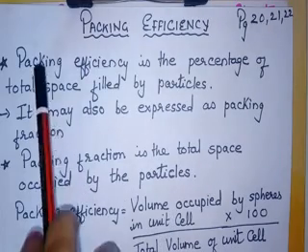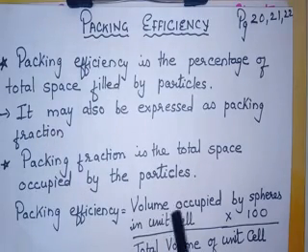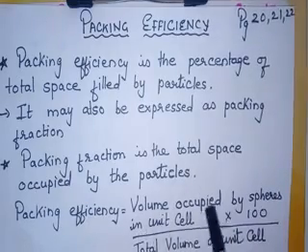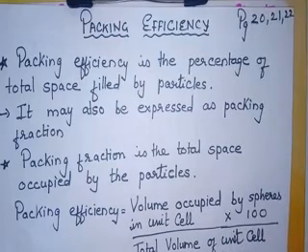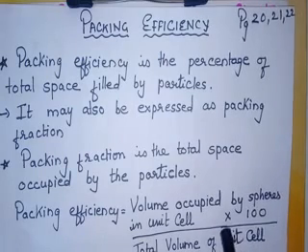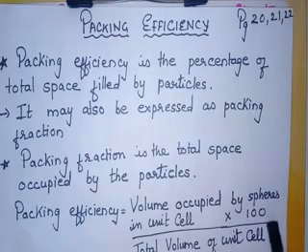So packing efficiency will be the volume occupied by spheres in the unit cell. As many balls are there, the volume of the balls divided by the volume of the box, that is the total volume of the unit cell, into 100. I'll repeat.